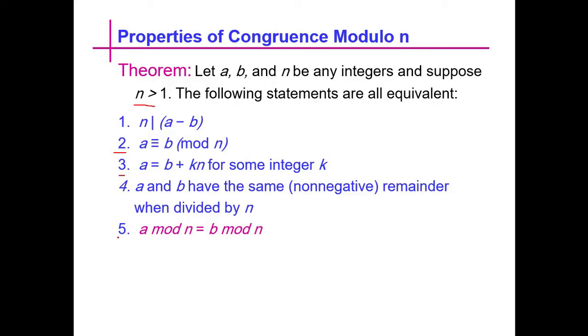And 5 is a mod n is equal to b mod n. So all these statements are equivalent for given three integers a, b and n, where n is greater than 1.